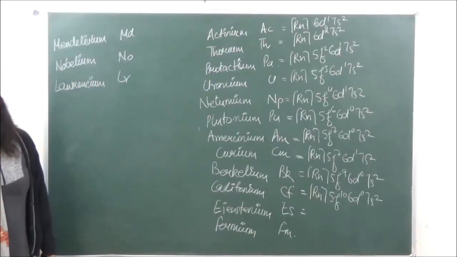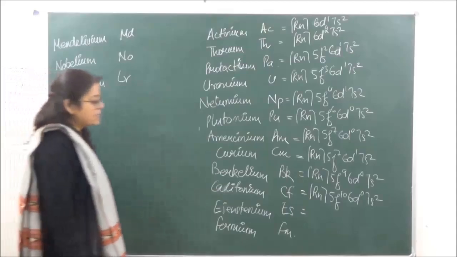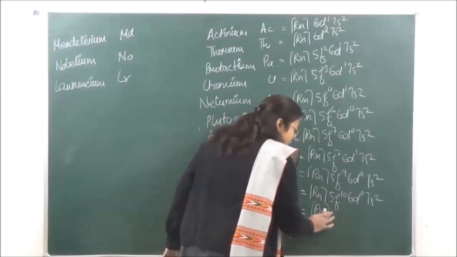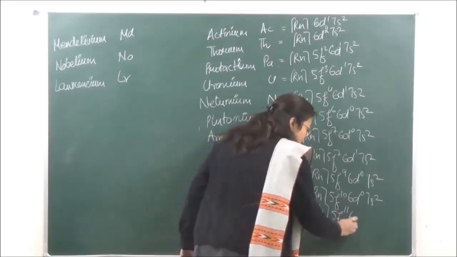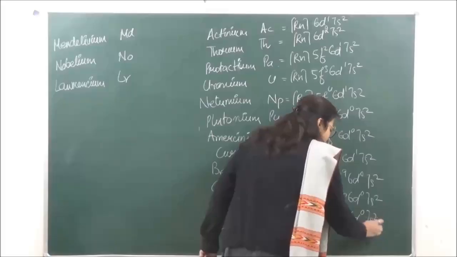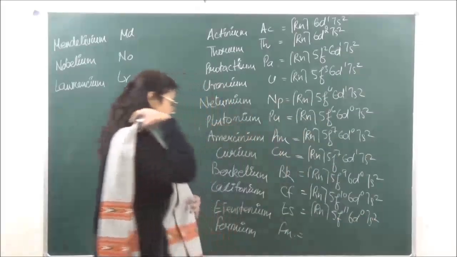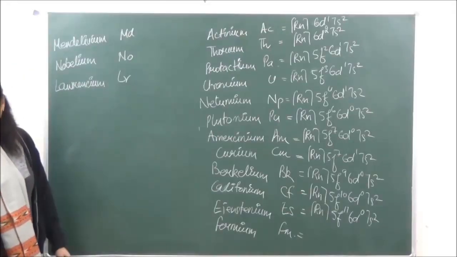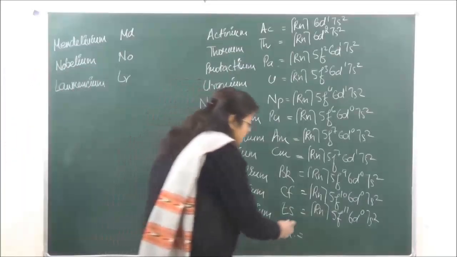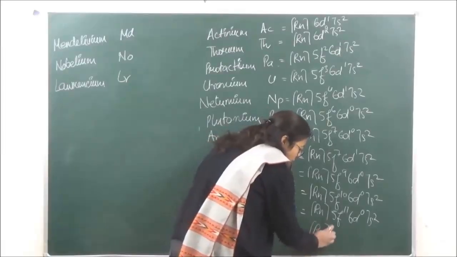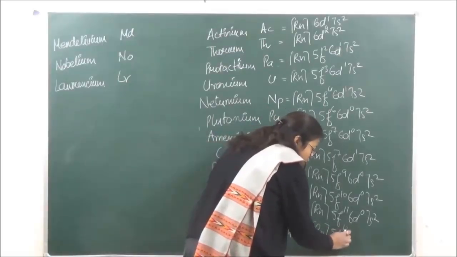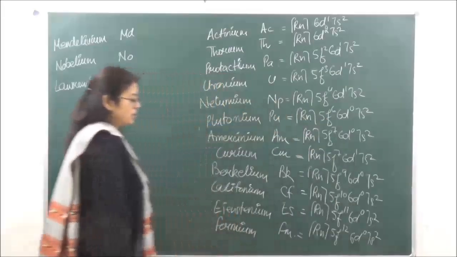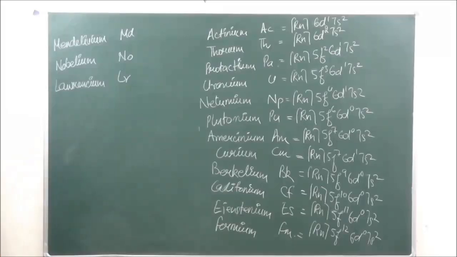Right? And then we have einsteinium. In this case, we are going to have 5f11 and 6d0. So we have radon, 5f11, 6d0, 7s2. Okay? Then we have fermium. In case of fermium, we are going to have 5f12, 6d0. So the electronic configuration is radon, 5f12, 6d0, 7s2. Right? And then we have mendelevium.